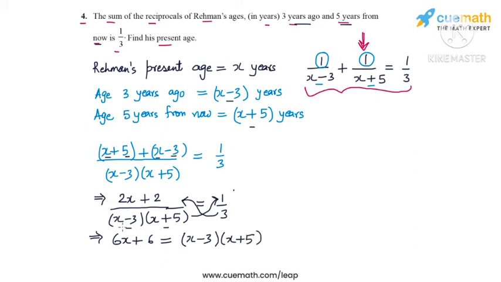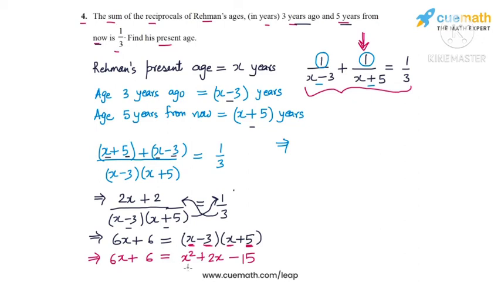So let's expand the product on the right hand side. So this will be x times x, so that's x square, and then we have 5x minus 3x, so that's 2x, and then we have minus 3 times 5 is minus 15, and this is equal to 6x plus 6 on the left hand side. And now let's combine all the terms.